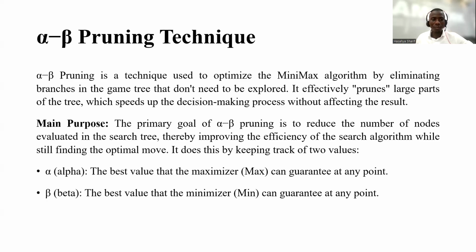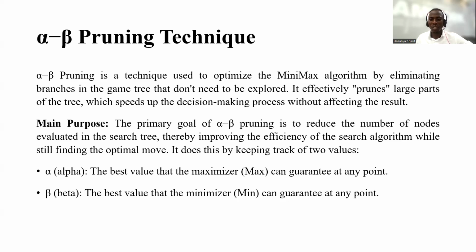Then, when you talk about the alpha-beta pruning technique, it is a technique used to optimize the minimax algorithm by eliminating the branches in the game tree that do not need to be explored, like they don't need to be used. It effectively prunes large parts of the tree, which speeds up the decision-making process without affecting the result.